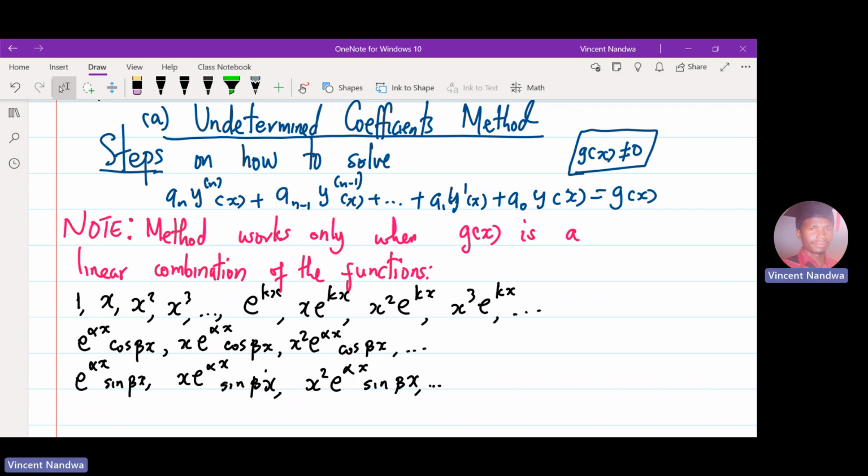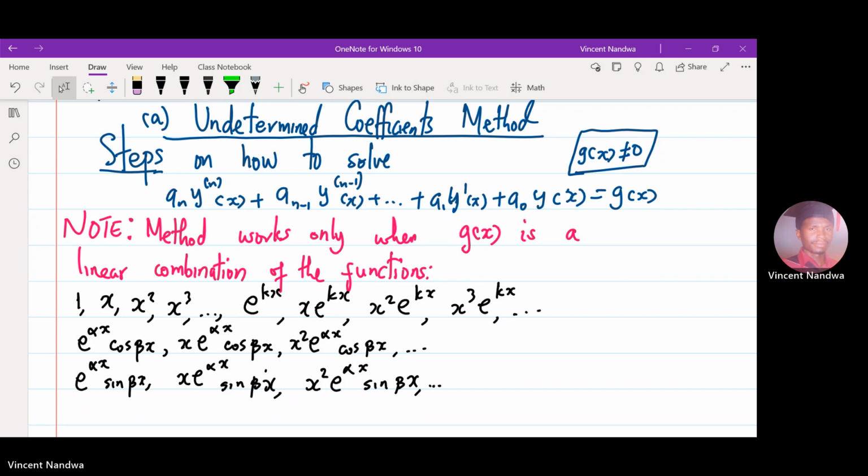In simple terms, the structure of the g function should either involve a polynomial, or an exponential function, or a function that involves cosine, or a function that involves sine, or a product of polynomial terms with cosine and sine, or a product of the polynomial terms with the exponential function.